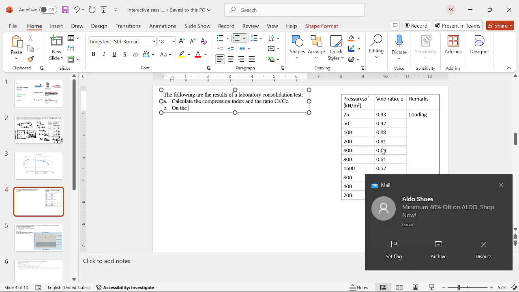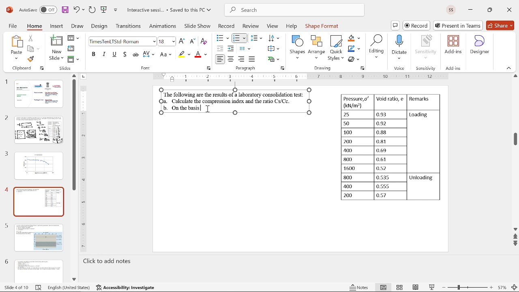And on the basis of the average e versus log sigma plot, calculate the void ratio at sigma naught equals 1000 kilonewton per meter square.